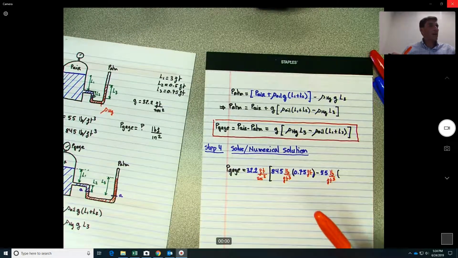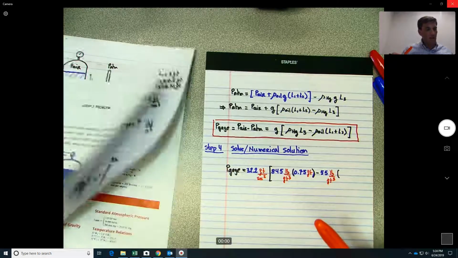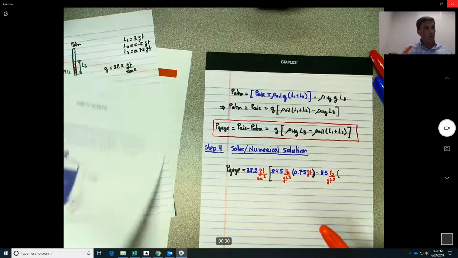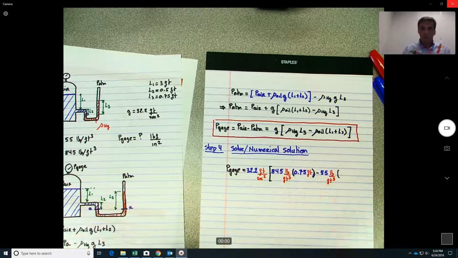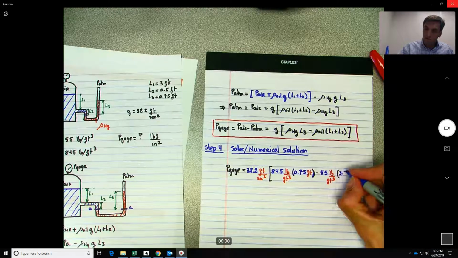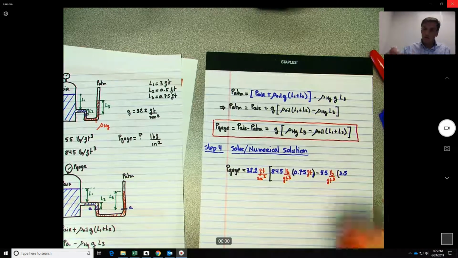Let's see the problem statement again. L1, L2, okay, so L1 plus L2 will be equal to 3.5 feet.